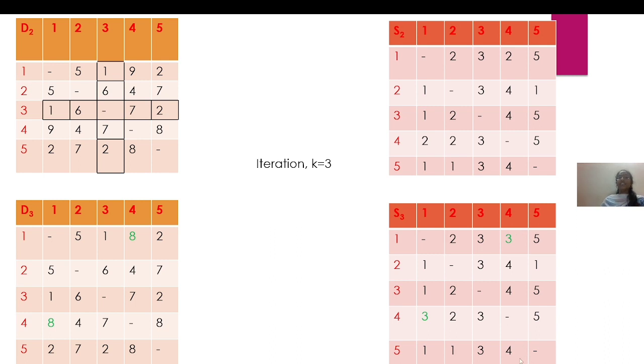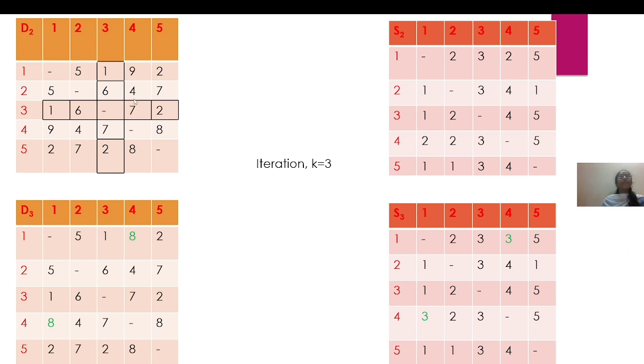Now, iteration 3, we are considering the third row and third column to be the pivot row and the pivot column, and those entries will be the same in the D3 and S3 matrices. And we have checked the condition and found that this 9 is less than. So let us check this 9.